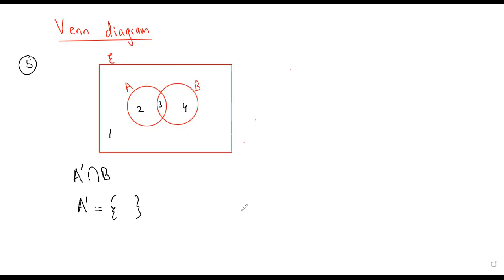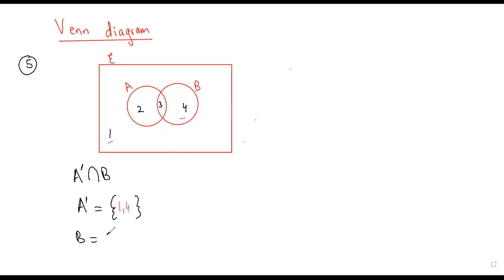Yes please, A complement में everything except A. तो A के अंदर 2 and 3 है, except A कौन से नंबर्स है? 1 and 4 है ना, तो I can write down 1 and 4. Now A complement has 1 and 4 and B में क्या आ रहा है?